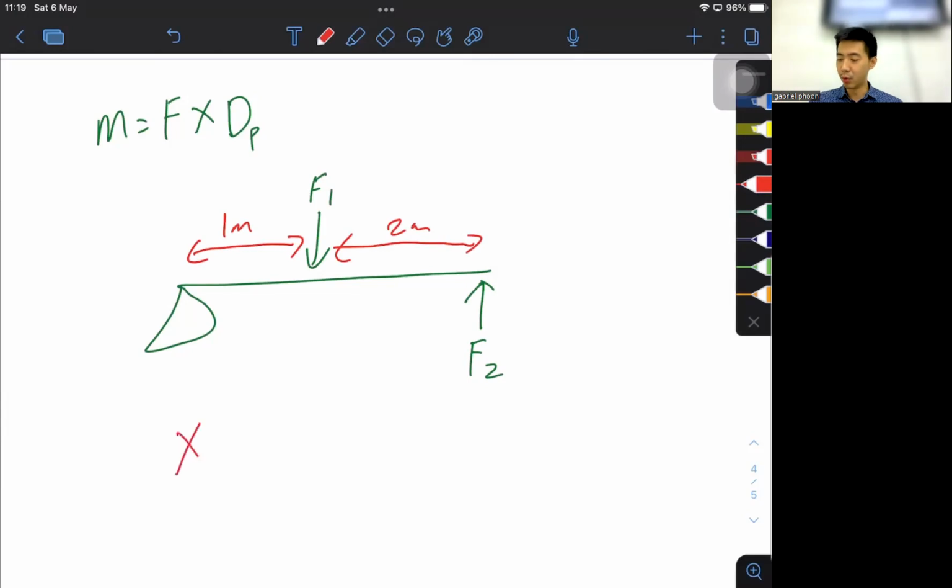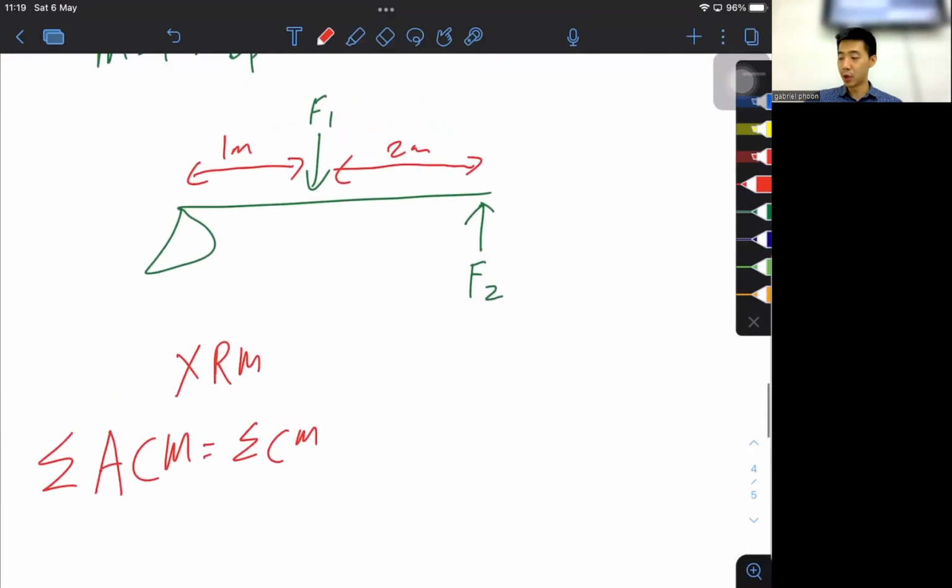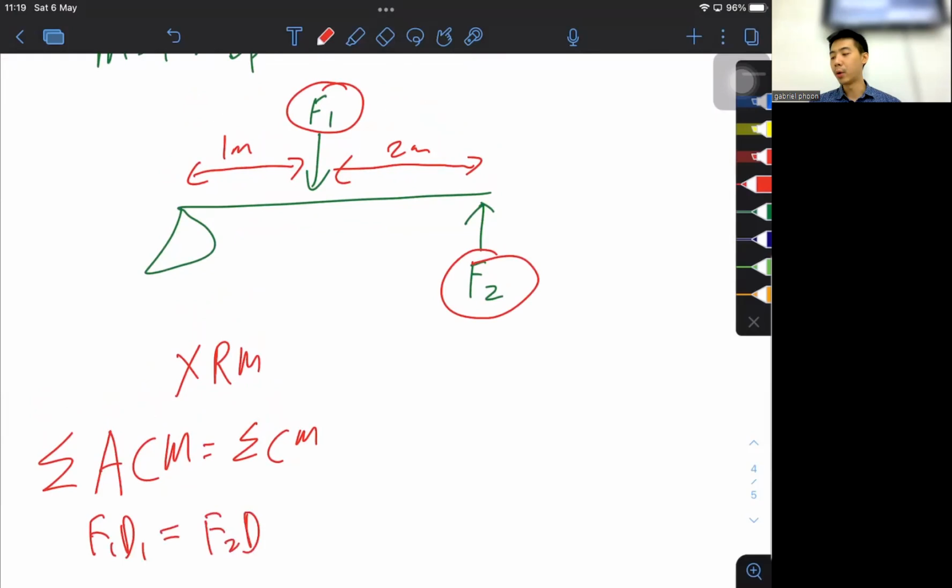There is no resultant moment. So the total anti-clockwise moment is equal to the total clockwise moment, right? In this case, because there are only 2 forces, you just have F1 D1 equals F2 D2. My question is, how much is F1, how much is D1 and how much is D2?